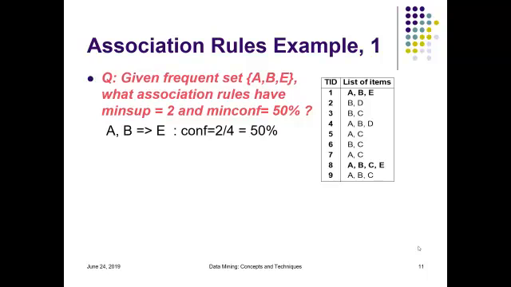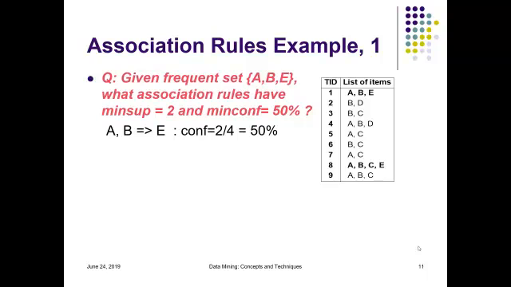When we take the rule AB association with E, for the confidence we filter out the transactions where we have AB, and then out of those transactions we see how many have E. AB appears in 4 transactions, as you can see in transactions 1, 4, 8 and 9. Out of those 4, E appears in 2 transactions, the first and the 8th. Therefore the confidence is 50%.